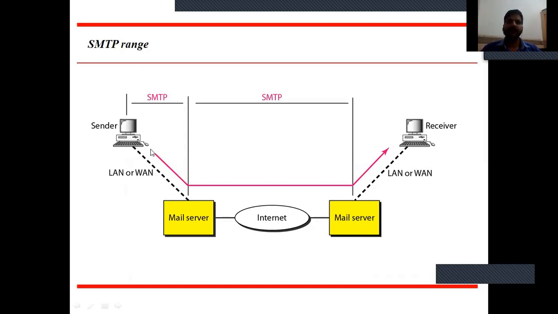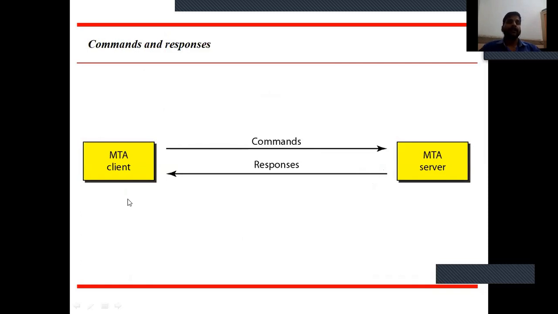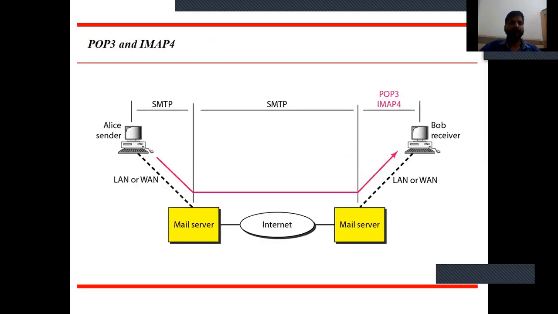So SMTP sends the data with the help of the internet to the receiver side. The following commands are used, and these commands are handled by the MTA client. The MTA client sends the command, and the MTA server provides the response to the MTA client according to its request.